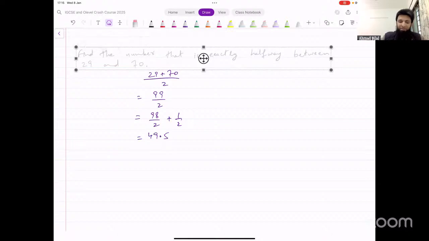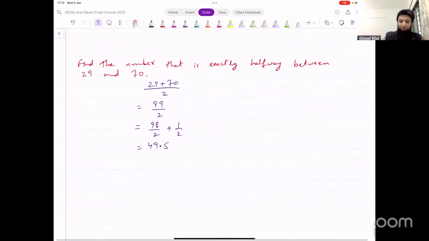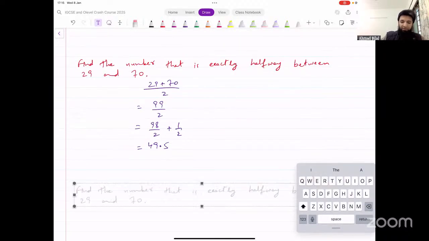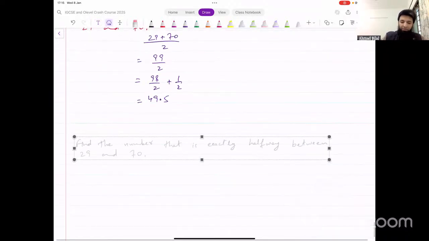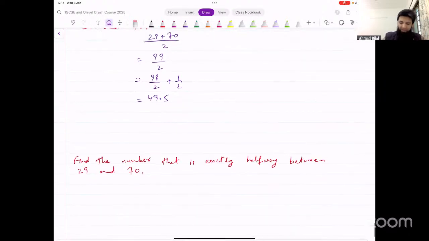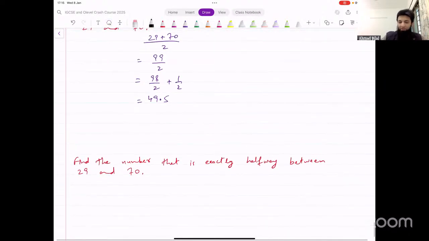Now, it's not only going to be for integers necessarily. Sometimes you are asked to find decimal numbers or fractions in problems like these as well.